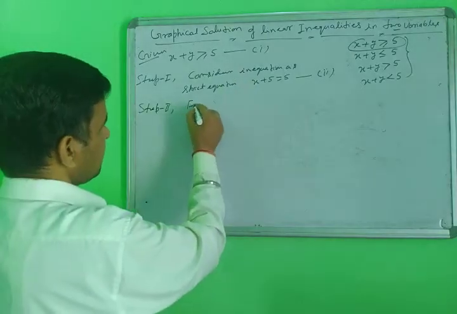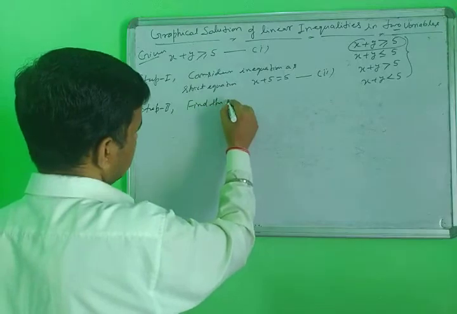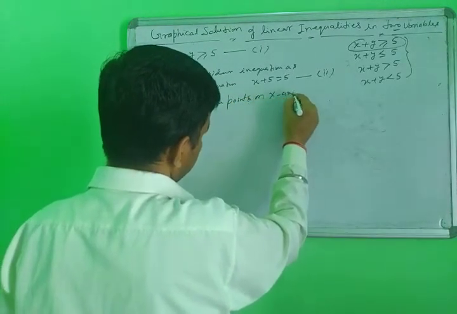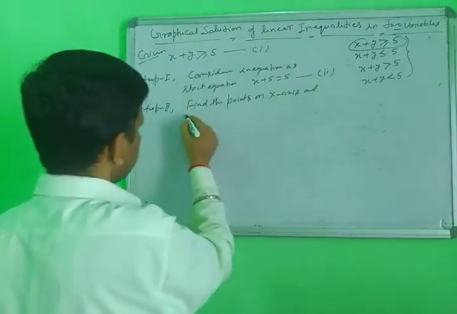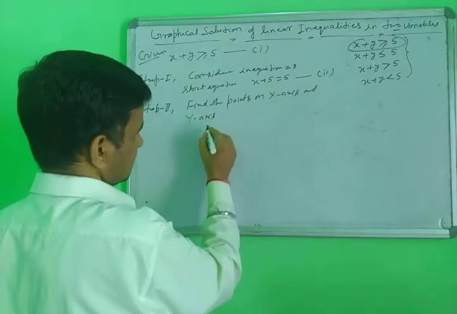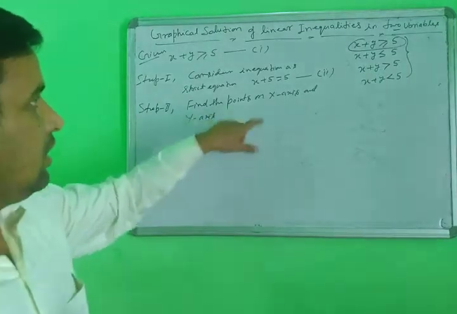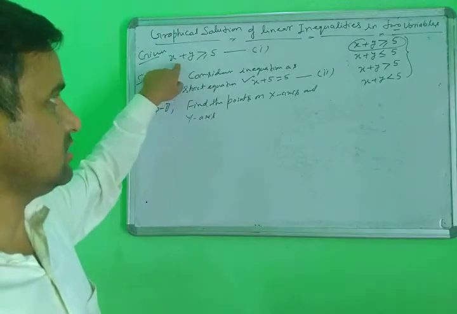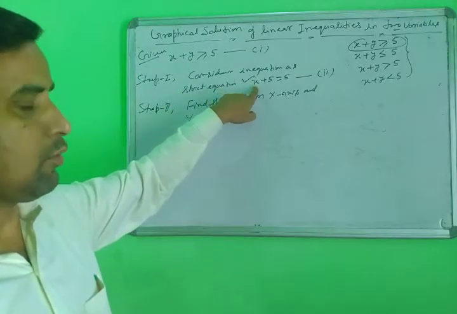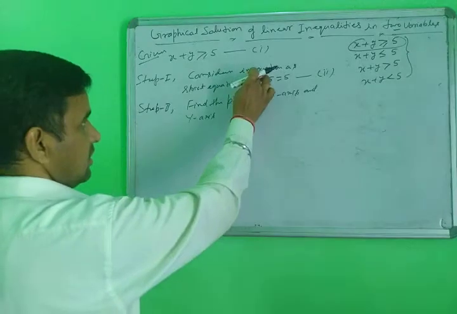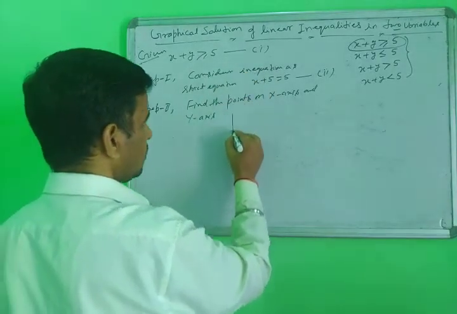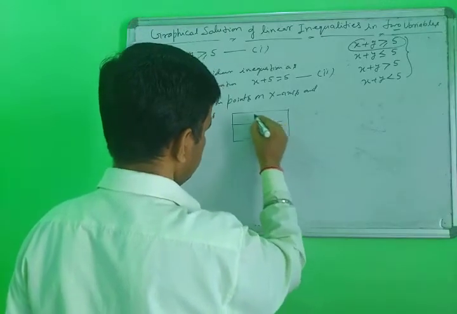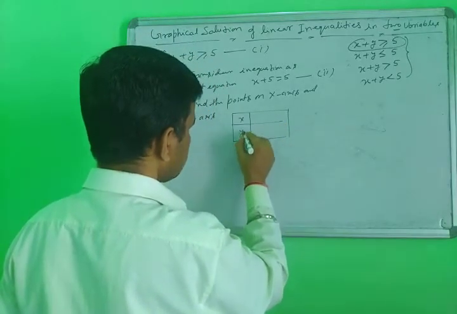You always find the points with the help of the equation, not the inequality. For this, draw two columns, one for x and one for y.